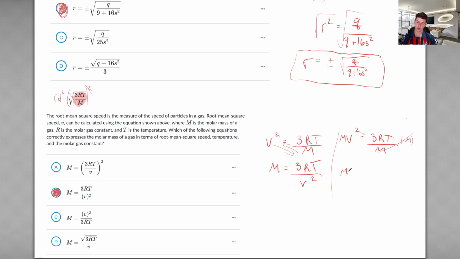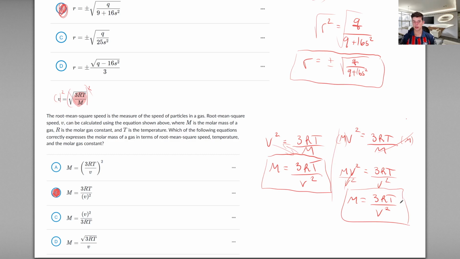So mv squared equals 3RT. Now we got to divide both sides by v squared. So m at the end of the day is going to be the same thing, 3RT divided by v squared. Okay, that should be it.